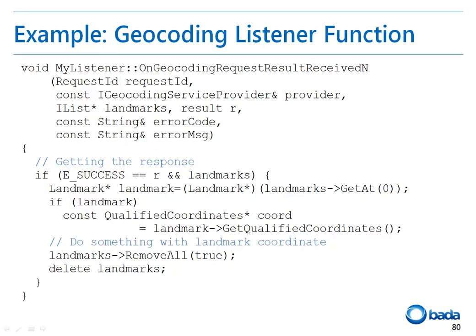Now, let's have a look at the onGeocoding request result received end function. The coordinates received from the conversion are returned through the landmark list. This example gets the first item from the list and extracts the qualified coordinate from the item to get the coordinates corresponding to the address.